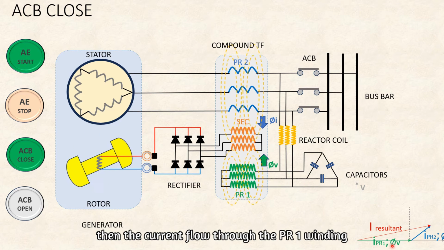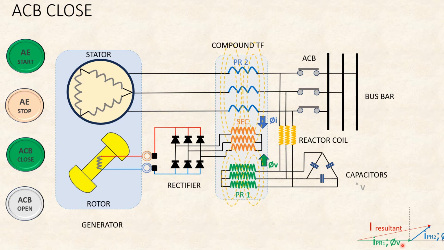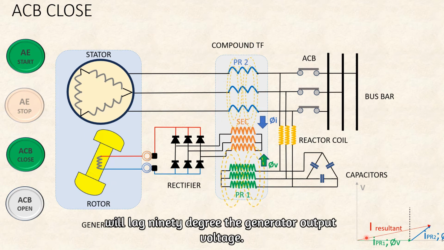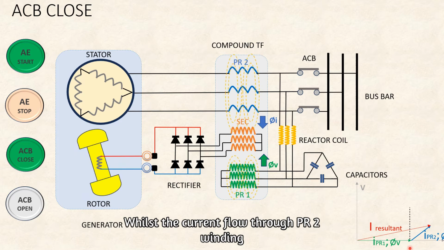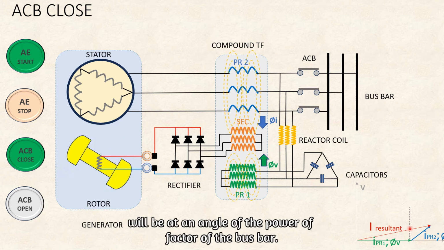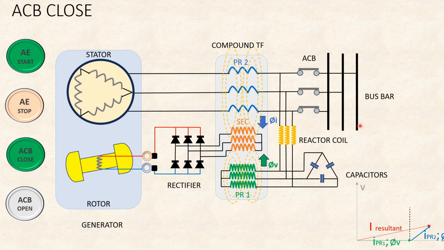Then the current flowing through the PR1 winding will lag the generator output voltage by 90 degrees, whilst the current flowing through your PR2 winding will be at an angle of the power factor of the bus bar.